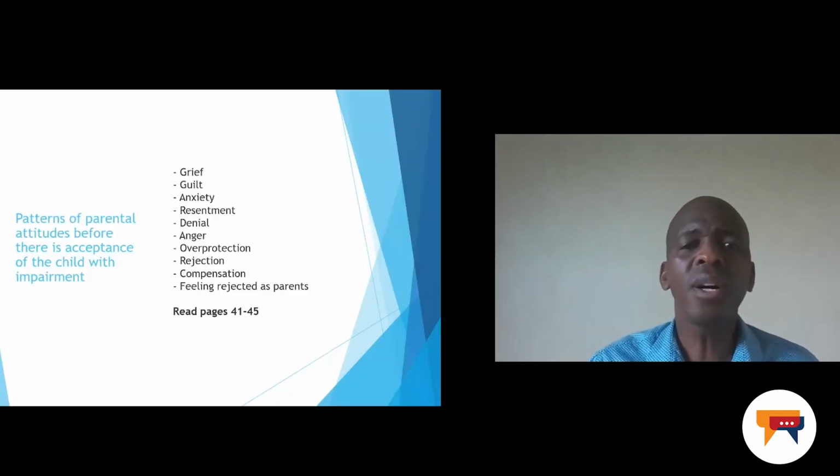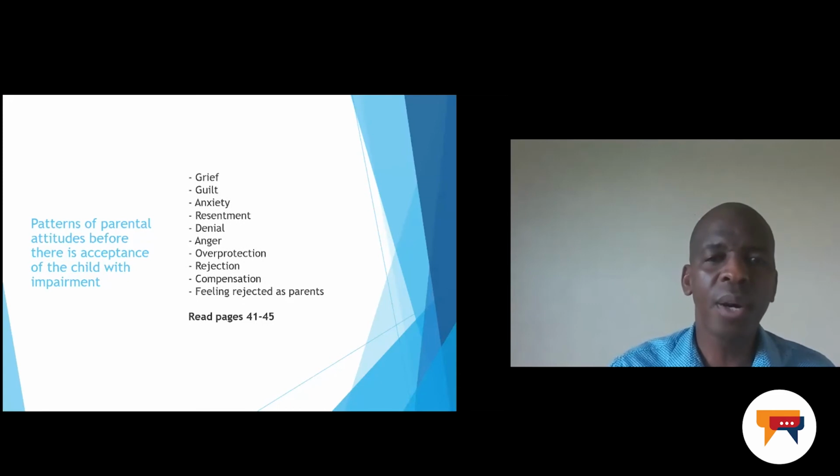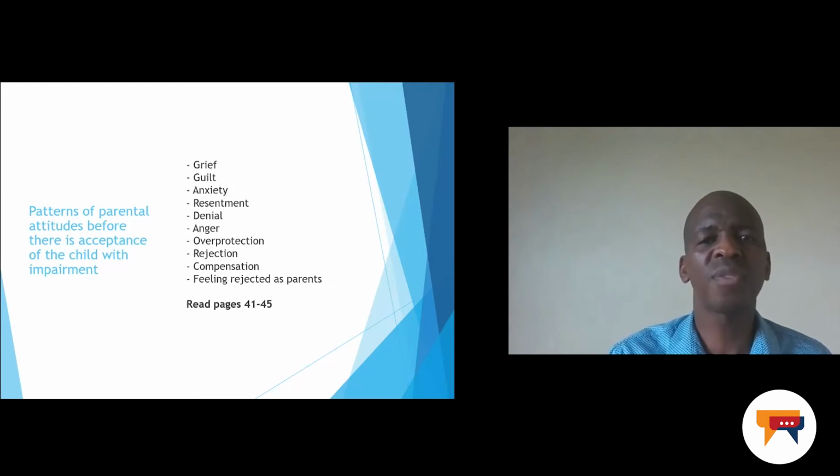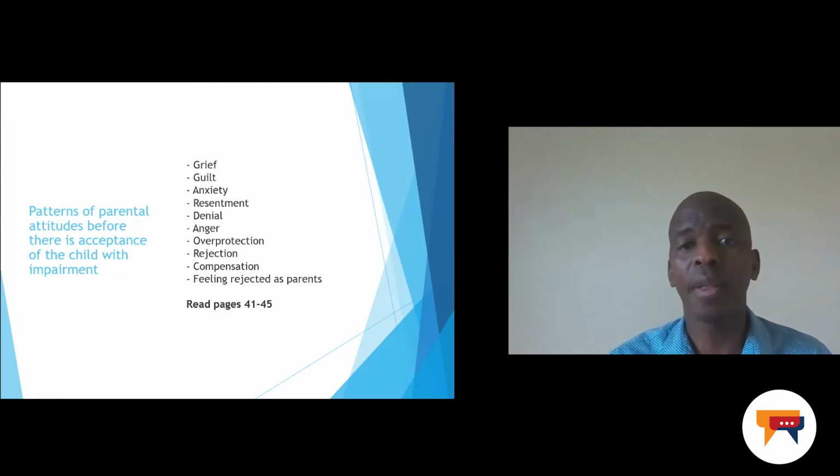Right. Earlier on, Dr. Mkhuma, when he presented here, he talked about the parents who come to school showing different kinds of attitudes, which results from whether they understand the disability that their child is suffering from or they do not.